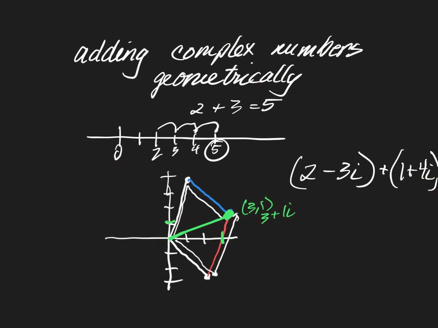And in fact, if we add these together, we get 2 plus 1 plus negative 3 plus 4i, which is equal to 3 plus 1i. And that looks to be pretty close to what we have right here on my paper when we added them geometrically. And so if you do this on graph paper, you can do it actually very nicely.